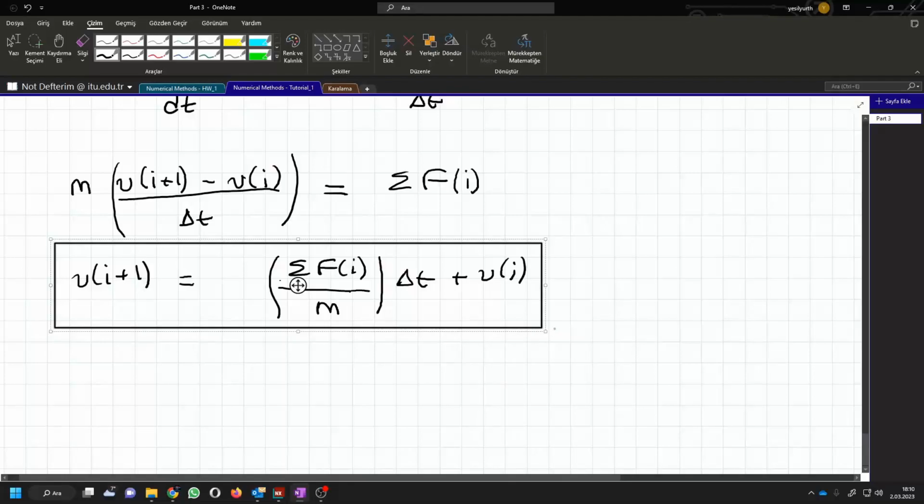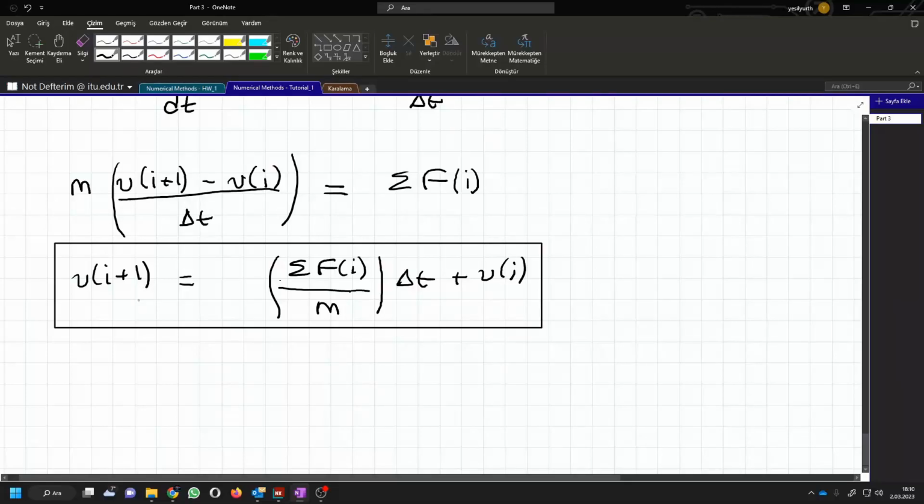So this equation means if I know the current value of my state variable v, which is v(i), and the forces acting on the body at the current time, whose sum is sigma f(i), I can calculate the next value of v in time, which is v(i plus 1).